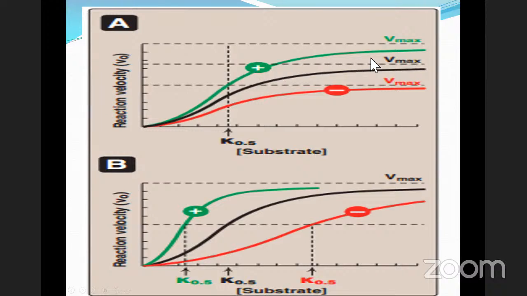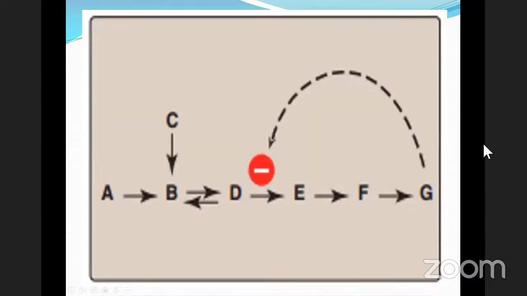If you have your hyperbolic and your sigmoid, your Km would either be increased or decreased, and your affinity will be affected, and it would depend on how it will approach your Vmax. This is also a feedback mechanism, which is also common in a lot of biochemical reactions.